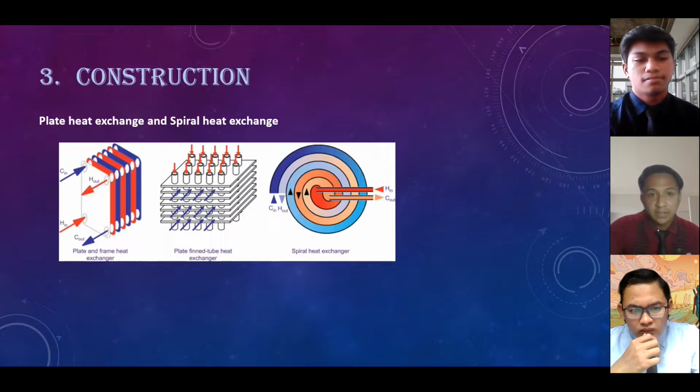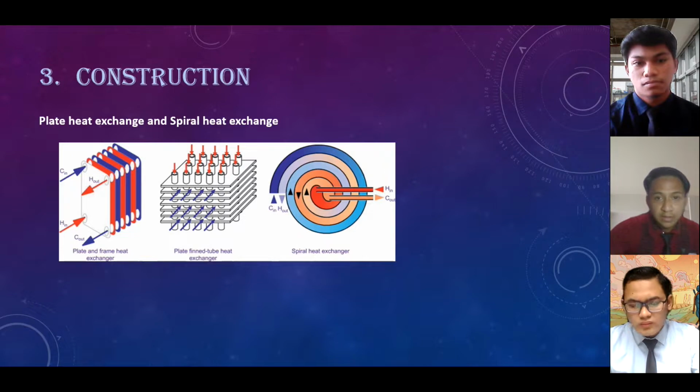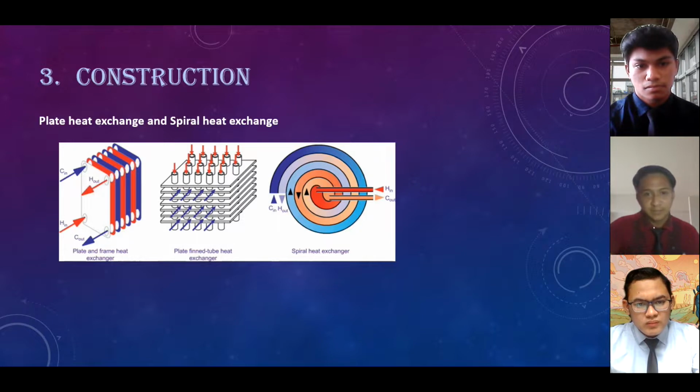The plates are often spaced by rubber sealing gaskets, which are cemented into sections around the edge of the plate. The plates are pressed through at a right angle to the direction of flow of the liquid which runs through the channel in the heat exchangers. Next one.